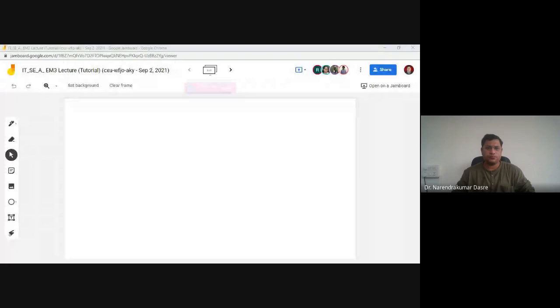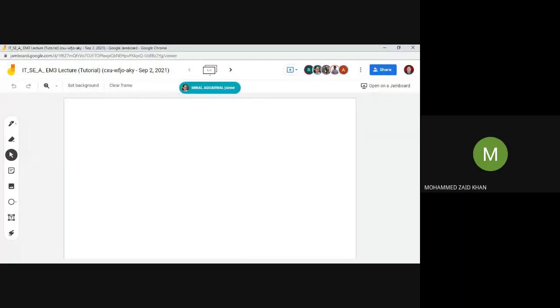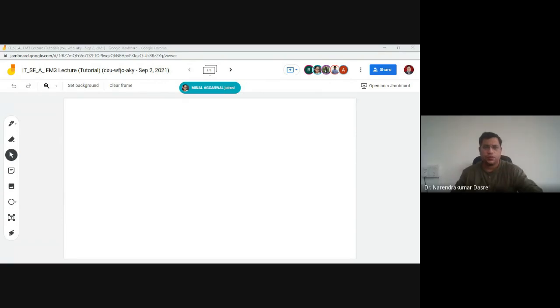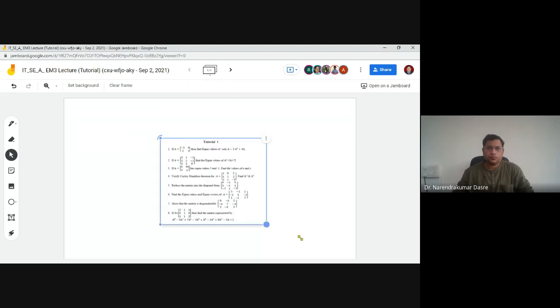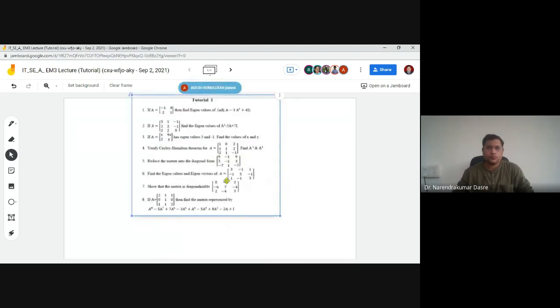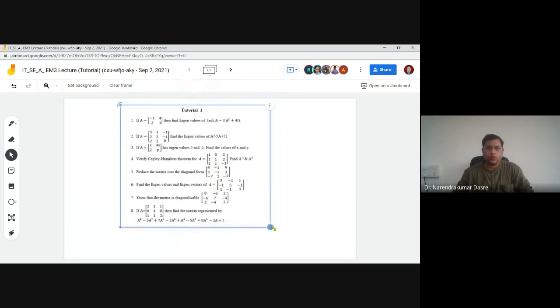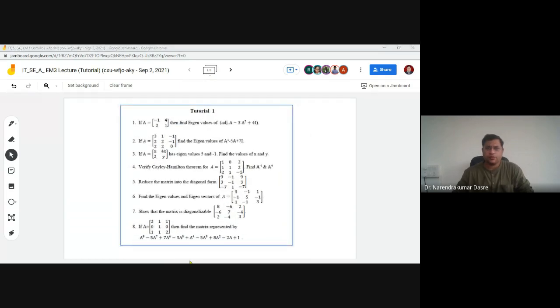Okay. So I hope you are able to see this Jamboard. Are you able to see the Jamboard? Yes, sir. Okay. So here is the problem set. I hope everyone is able to see this.